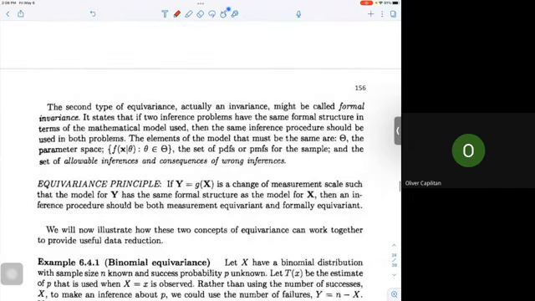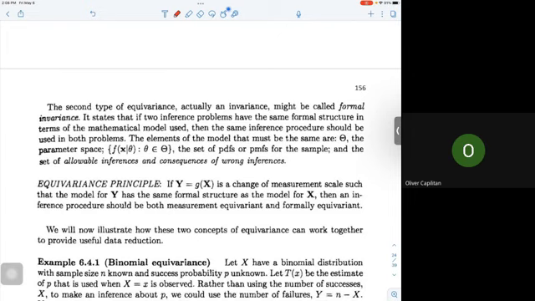The second type of equivariance, actually an invariance, is called formal invariance. It states that if two inference problems have the same formal structure in terms of the mathematical model used, then the same inference procedure should be used in both problems. So ano yung mga elements natin so that the inference problems have the same formal structure?